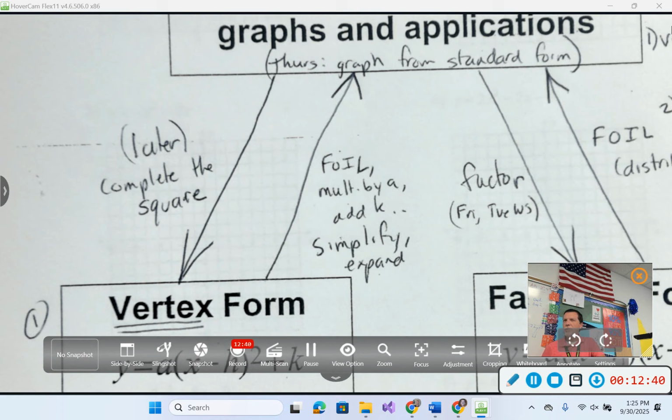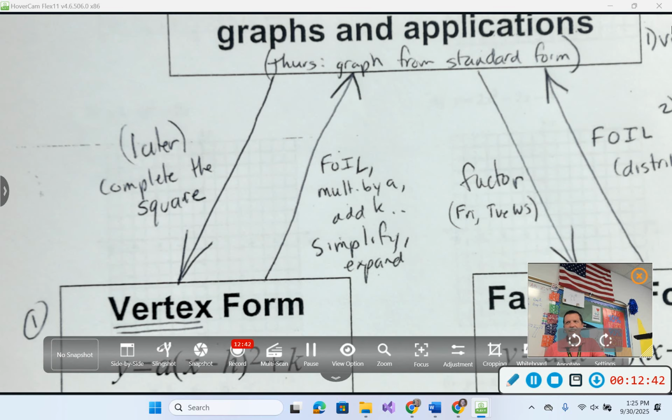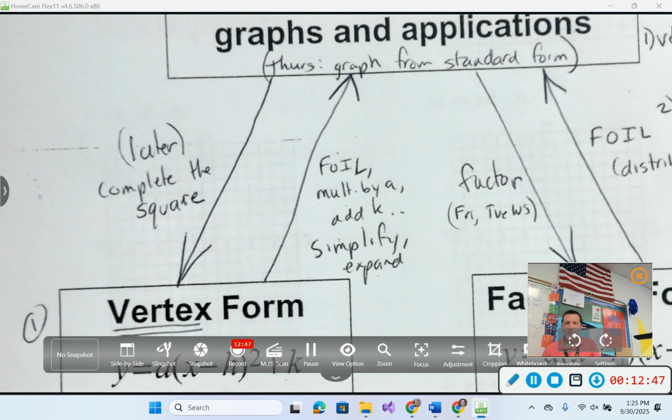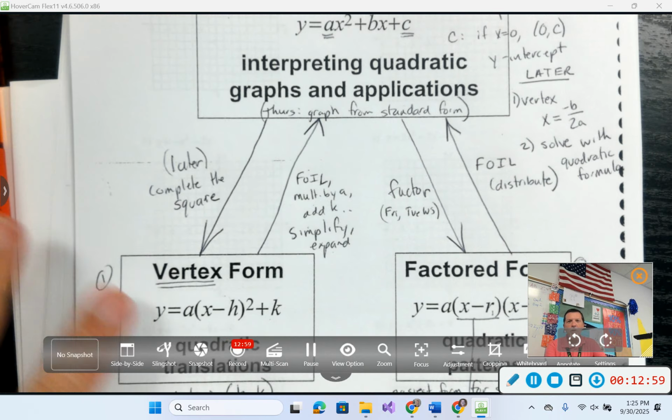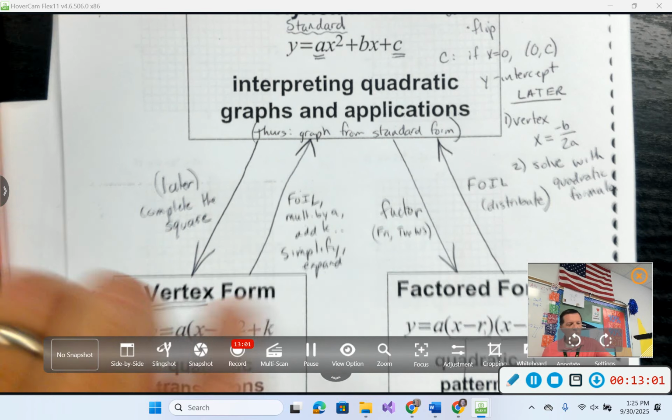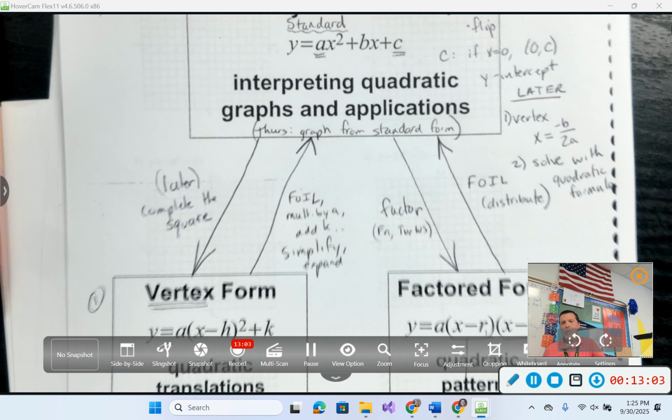Did y'all do complete the square in Algebra 1? Okay. You may not remember it because it's kind of a longer process. You take half of b, square it, and add it to both sides. We'll do it later. We don't have to worry about it right now. Again, today's notes are just about seeing that there's different forms. You can navigate between them.